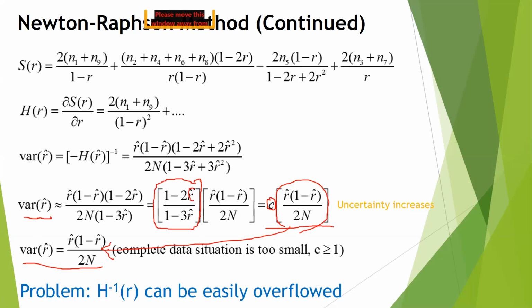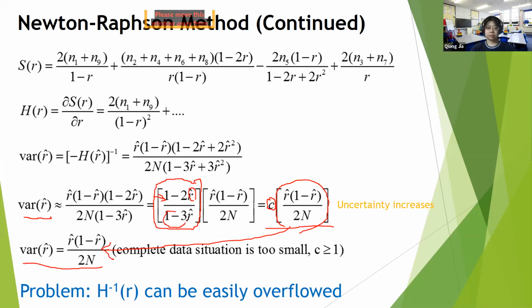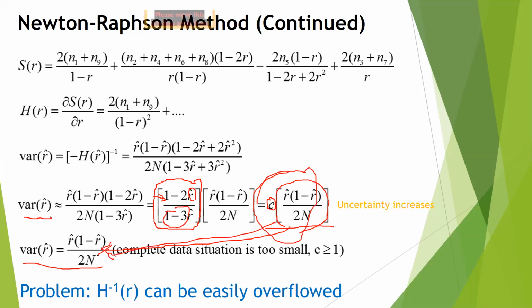Because R is a value less than 0.5, right? So let's give an example. If R hat equals 0.1, what is the value for the numerator? That's 0.8, right? And what is here? That's 0.7, right? So this ratio should be greater than 1. Do you agree? And the whole thing should be greater than this. Do you agree?